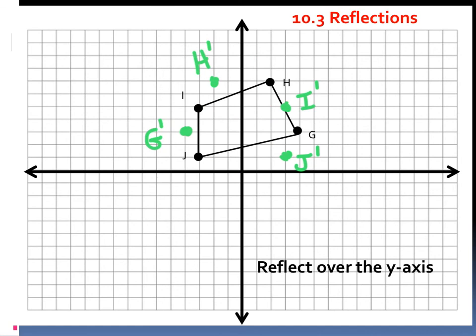Once you have all of those points graphed, use your ruler and connect the dots, and your picture should look pretty cool once you have the reflection kind of over itself. And here we have it. So we have quadrilateral GHIJ reflected over itself on the y-axis.